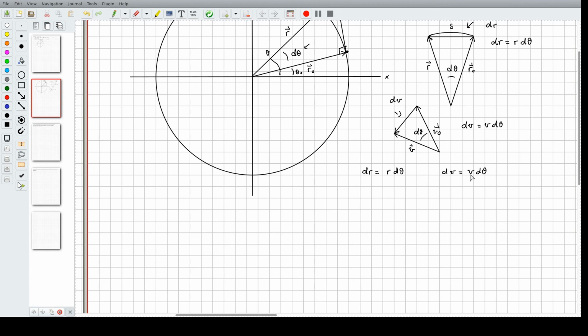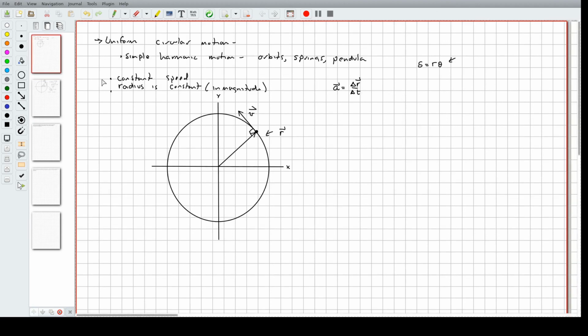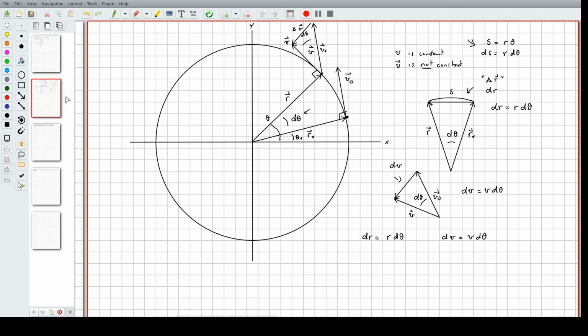And remember, the magnitude of your velocity, that is your speed, is constant. The radius is constant. Okay? So let's not forget that.